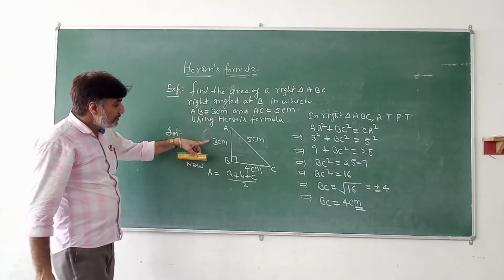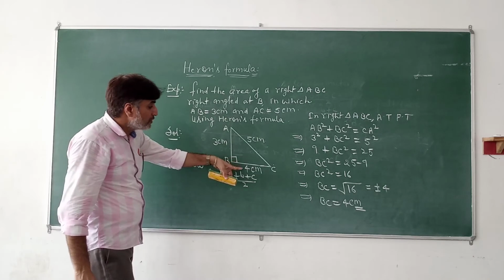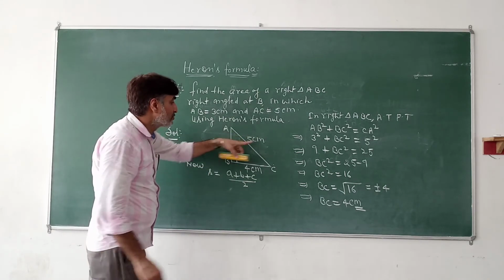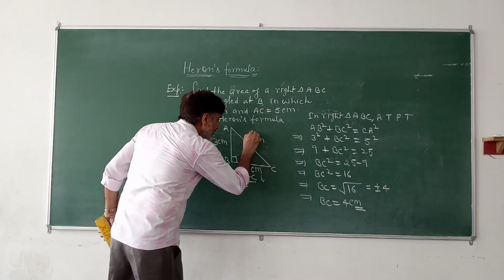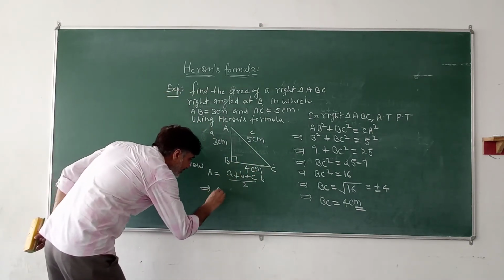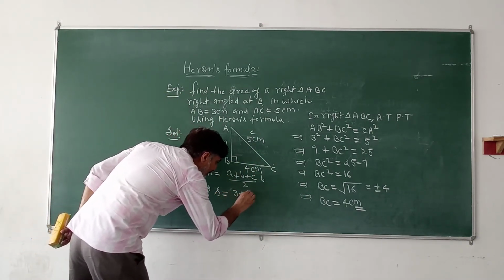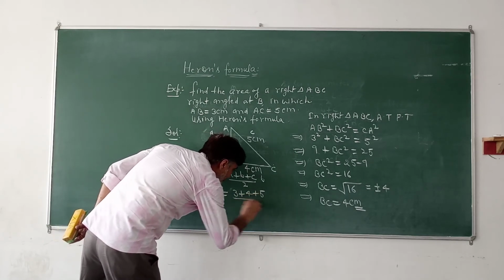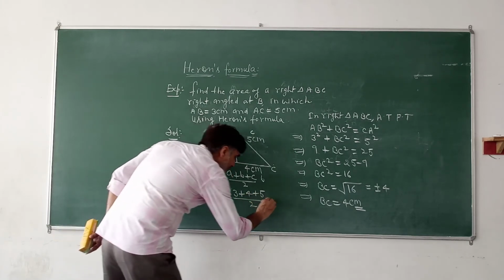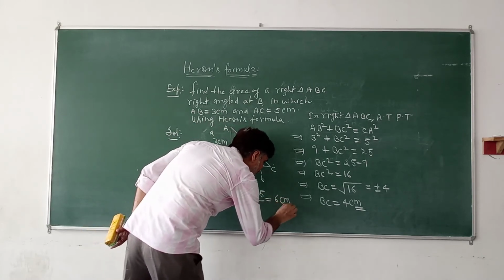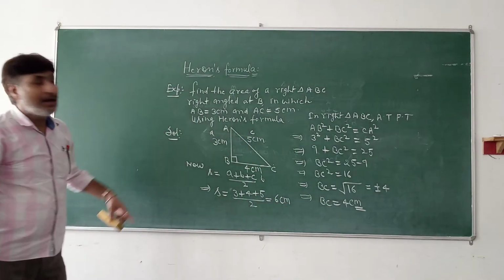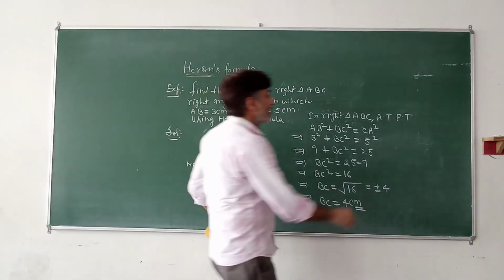So let a equal 3, b equal 4 and c equal 5, then the semi-perimeter becomes (3 plus 4 plus 5) divided by 2, that becomes 12 divided by 2, which means 6 centimeter.